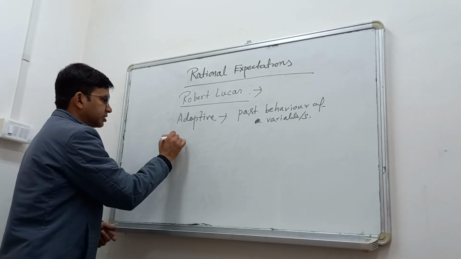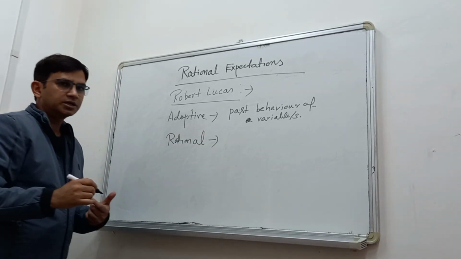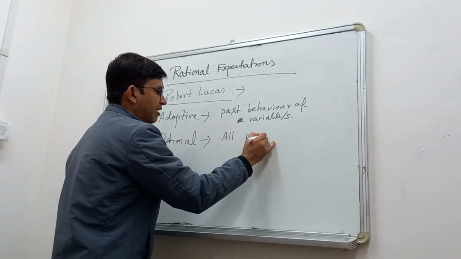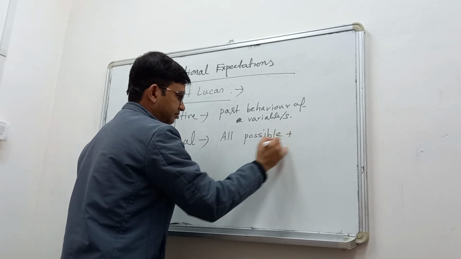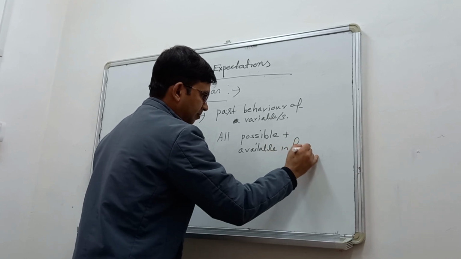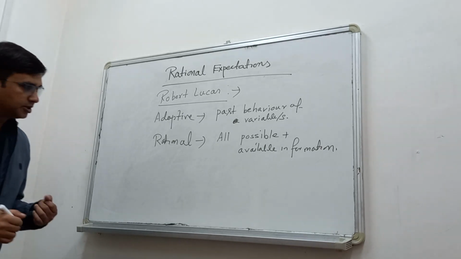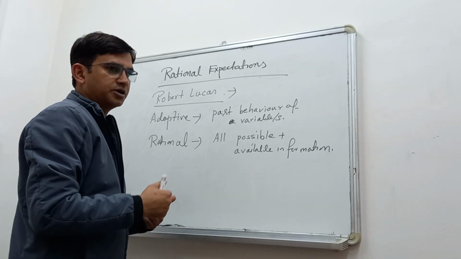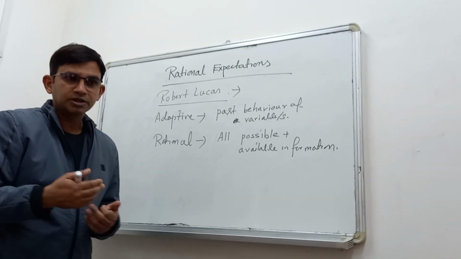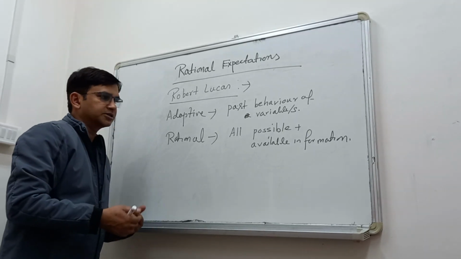Whereas rational expectation, the expectation is formed on all possible and available information. So for example, if we want to predict the behavior of price, then we have to predict it on the basis of the information of demand side factors and supply side factors.